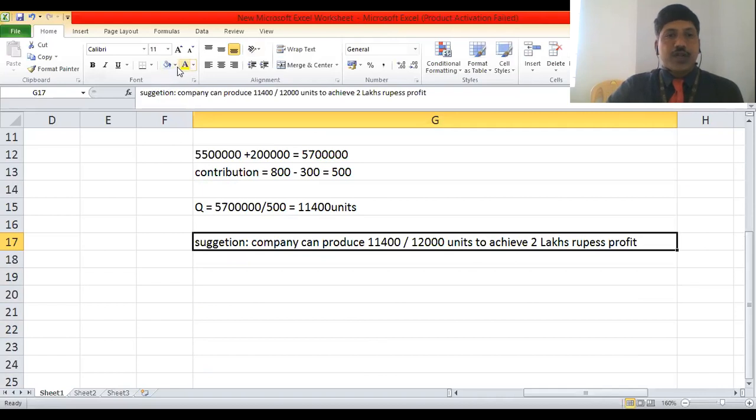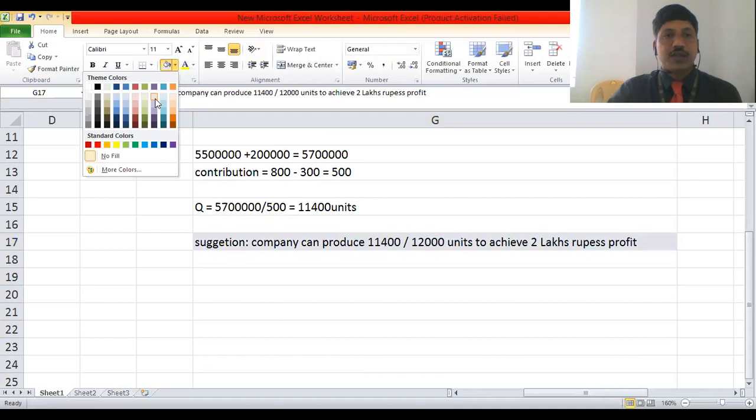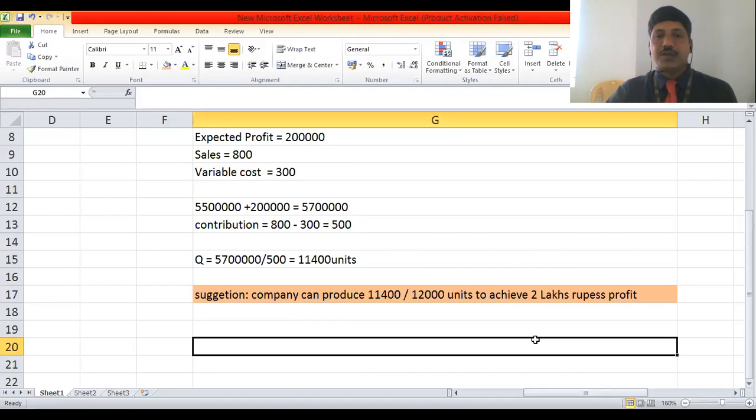So this is what you can suggest to the company. Company can produce 11,400 units or 12,000 units to achieve 2 lakh rupees profit.